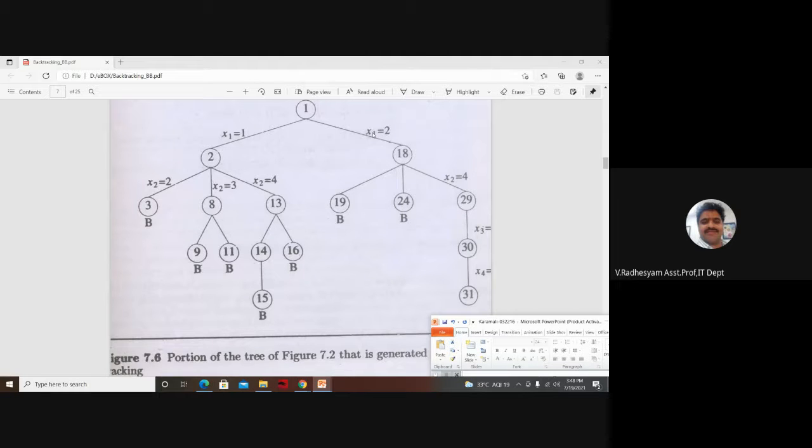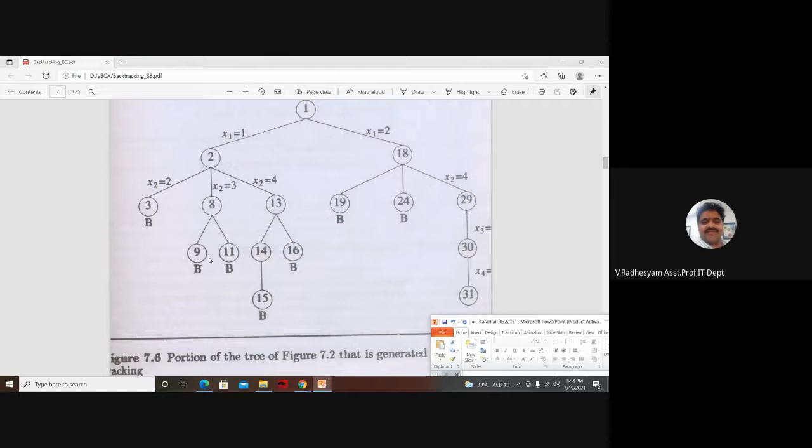That is why this is called backtracking. Backtracking means what? We'll start with something. We'll proceed depth wise, but whenever we realize that we are doing something wrong, we'll go back and correct it wherever we started.